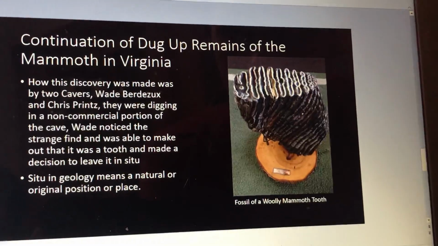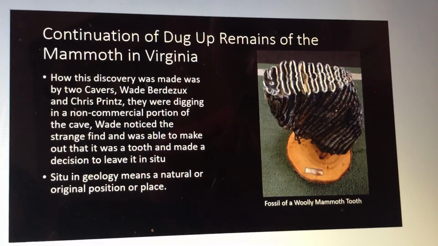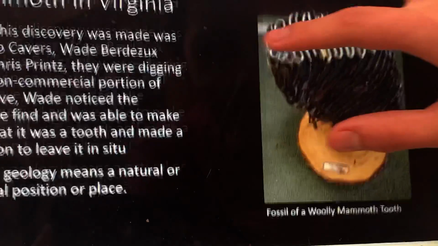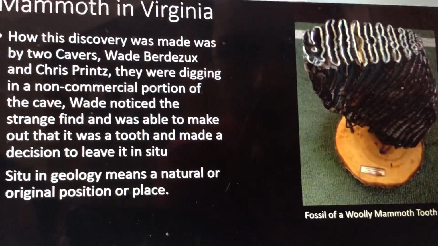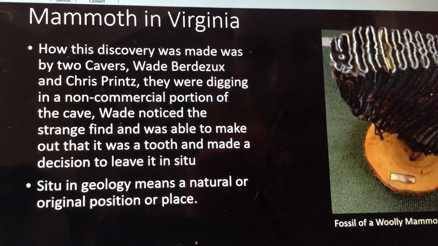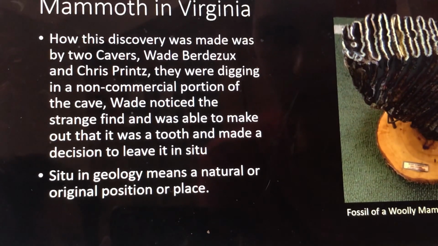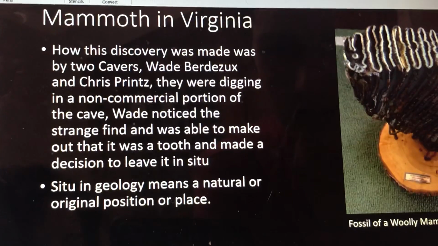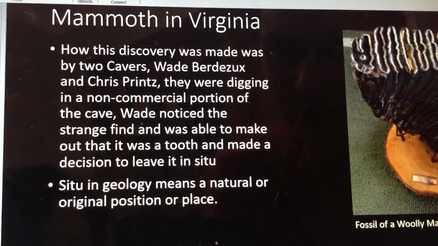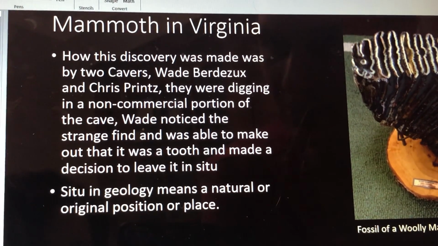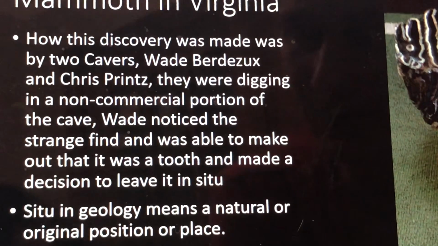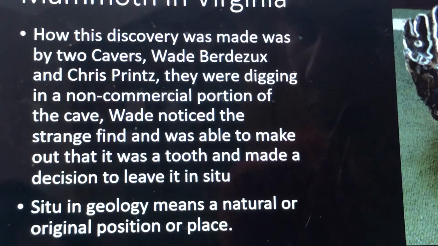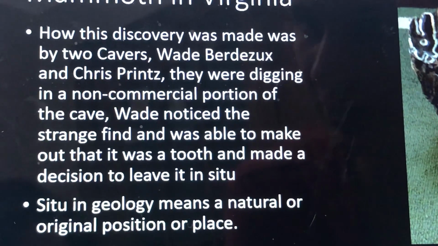Continuation of dug-up remains of the mammoth in Virginia. How this discovery was made was by two cavers, Wade Berdizix, I don't know how to say that last name, and Chris Prince. They were digging in a non-commercial portion of the cave.